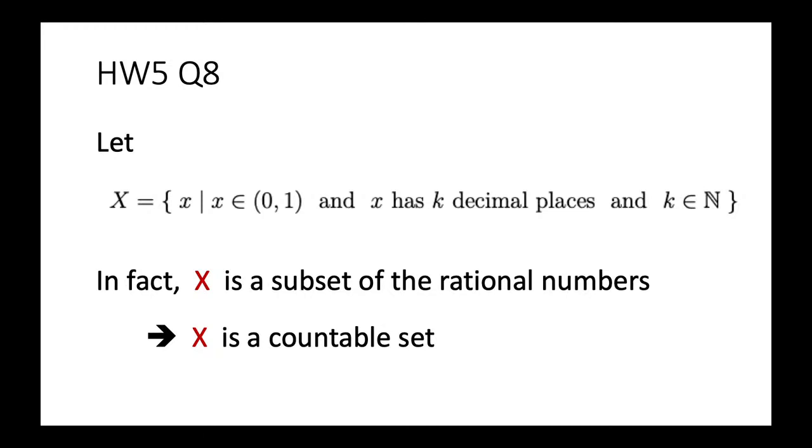So question 8 is an example like this. So we let X be the set such that, first of all, it contains all the real numbers between 0 and 1 such that the particular real number will have k decimal places, and k is some number in the natural number set.